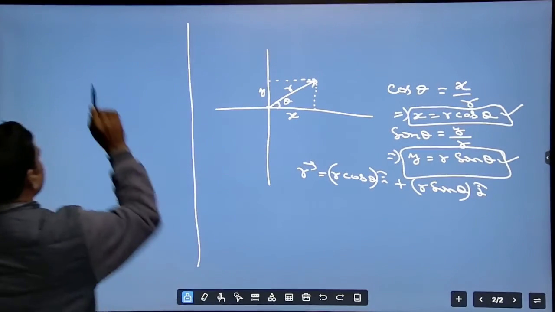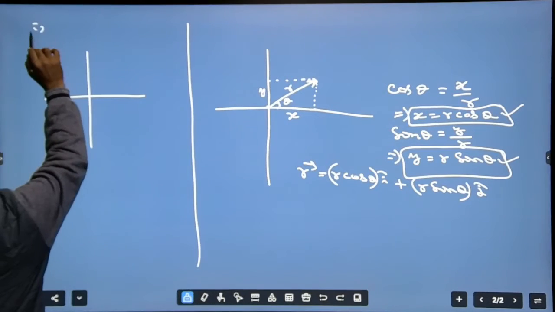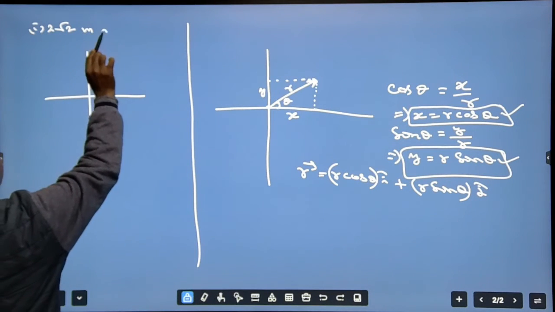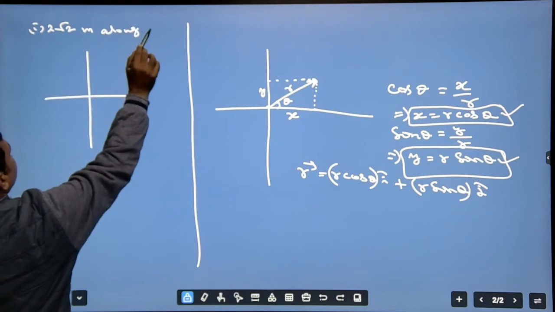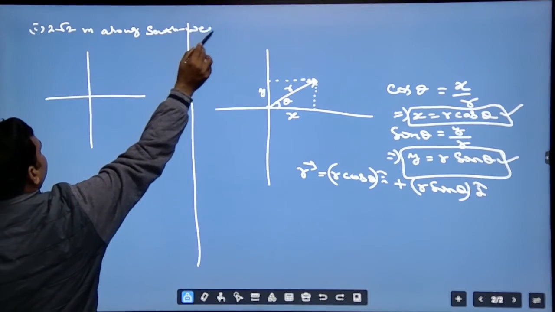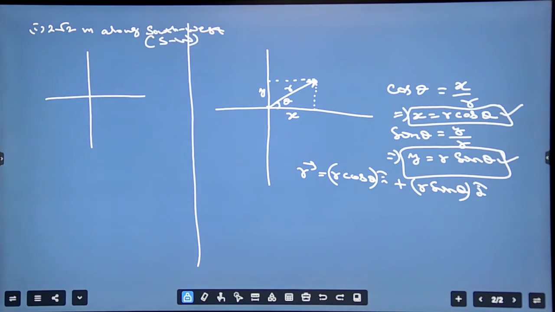So suppose I am given like this: 2√2 meter along southwest.